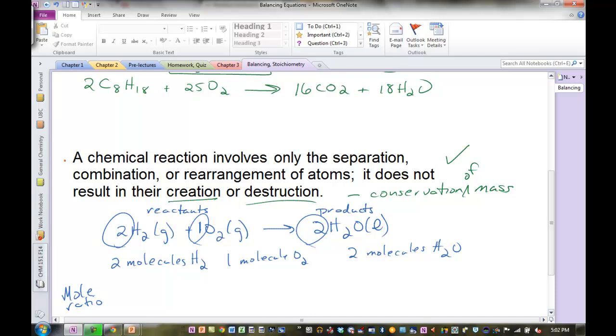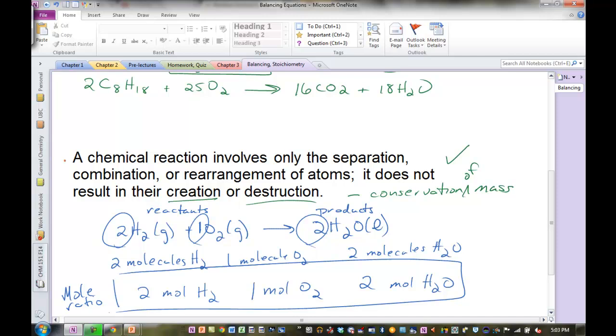It doesn't have to be exactly 2 moles of hydrogen reacting with 1 mole of oxygen to produce 2 moles of water, but they are going to react in that ratio in terms of moles. So 2 moles of hydrogen reacting with 1 mole of oxygen producing 2 moles of water. This is how we will almost always read those coefficients, a mole ratio. Make sure you make a big note of that. It's all about mole ratio.